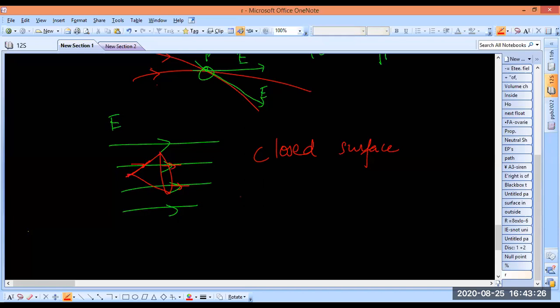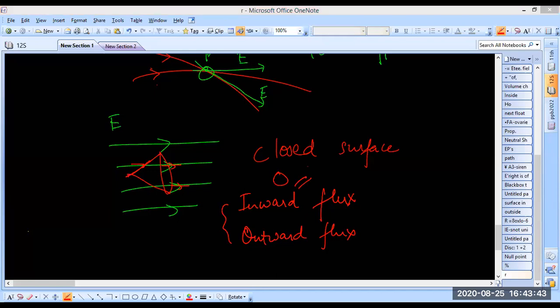So whatever is the inward flux, that will be cancelled by the outward, because we take outward flux as positive and inward flux as negative. So total flux will become zero, right?